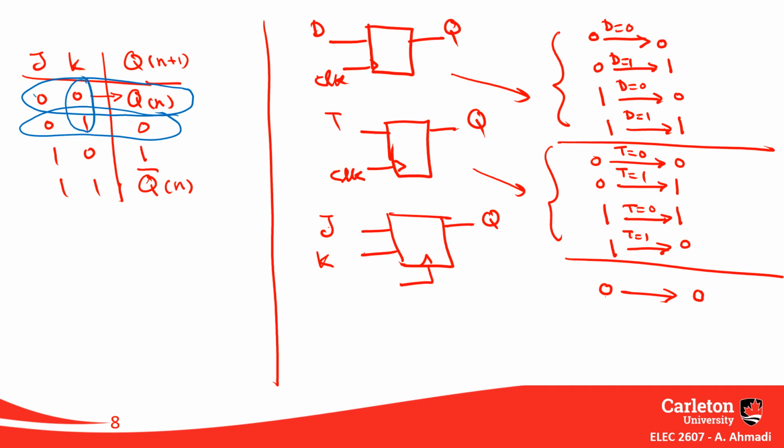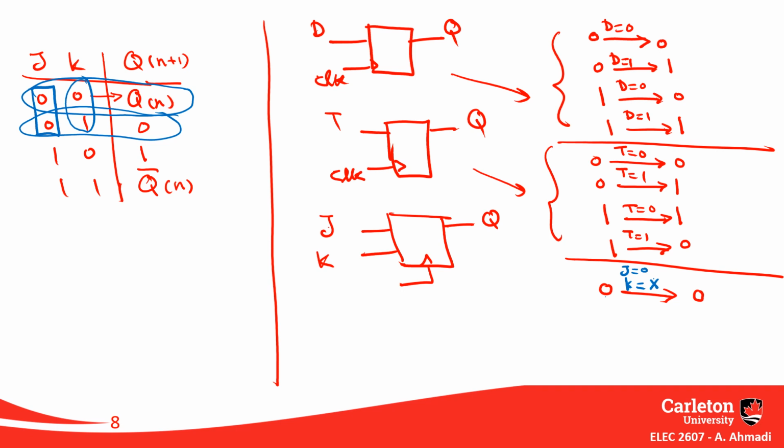But J must be equal to 0. So your answer will be J equals 0, K is don't care, or D, or don't care. Just do this. I'll say that again.